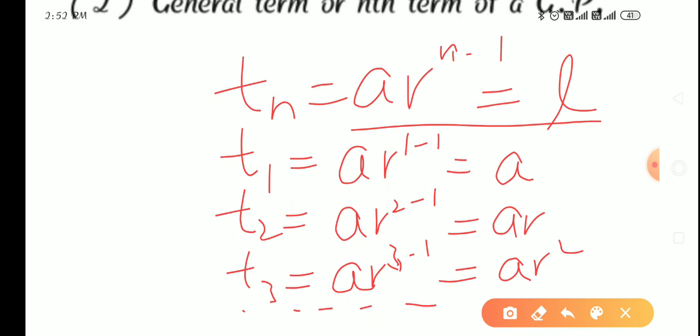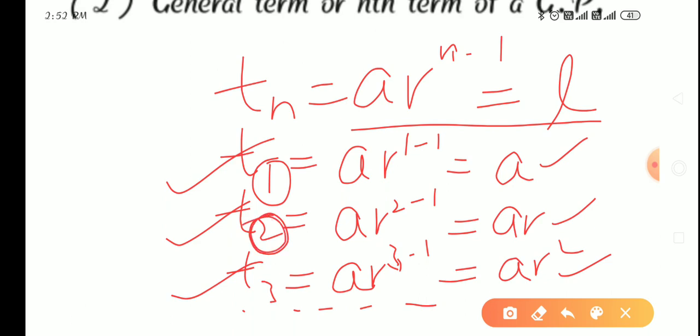So you can see here T1, the first term, is a, T2 is ar, T3 is ar square. Means if you are finding the first term, then the power of r is 0. If you are finding the second term, then the power of r is 1. Means the power of r will be 1 less than the term number you are finding.